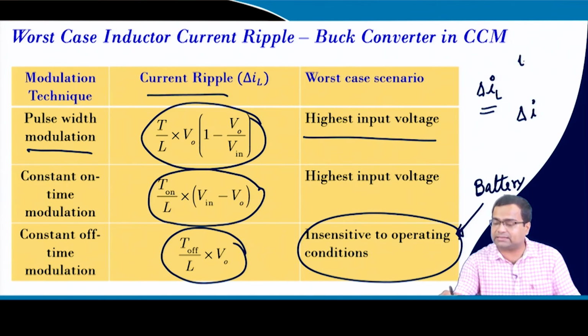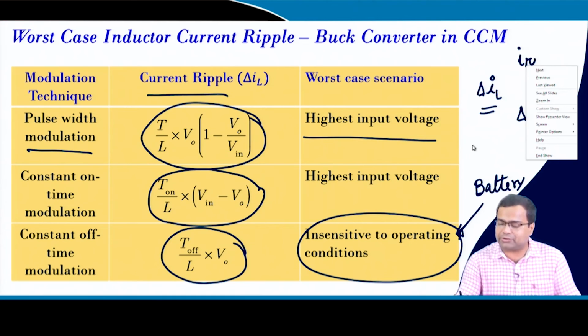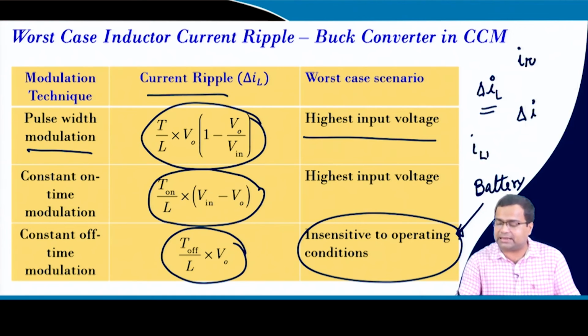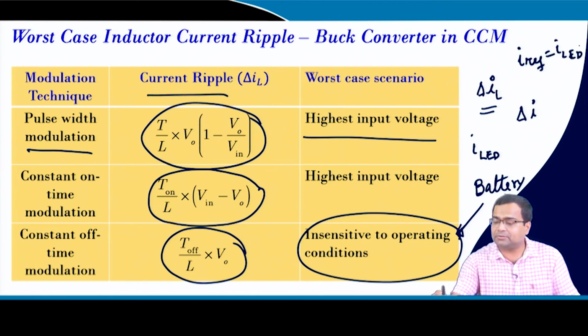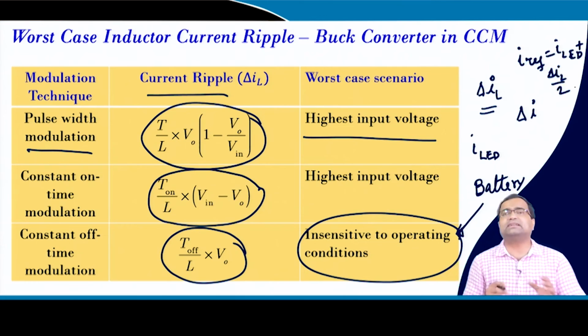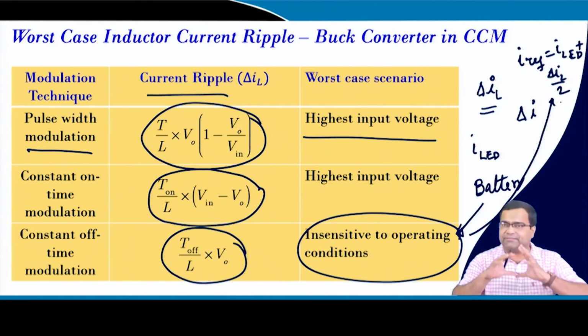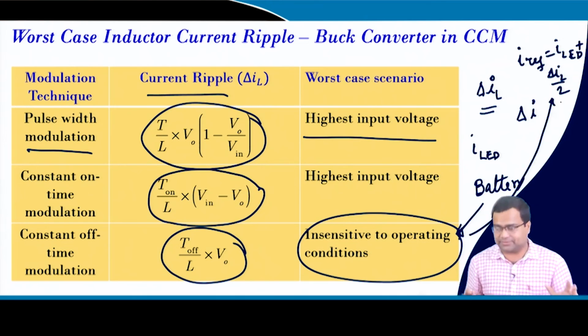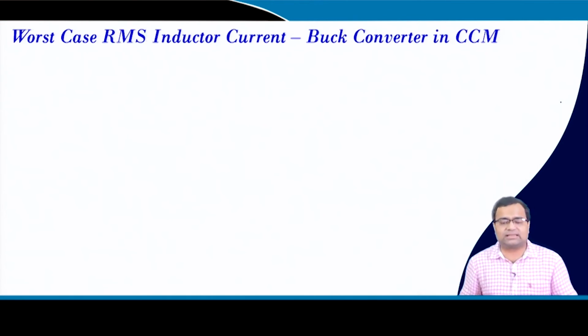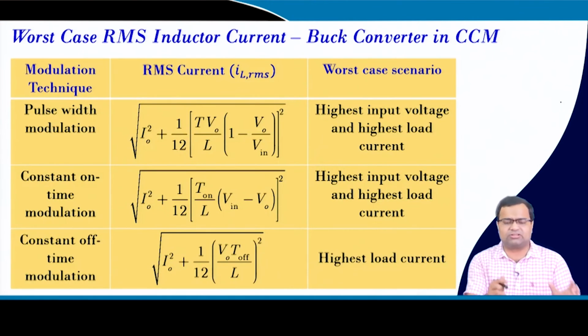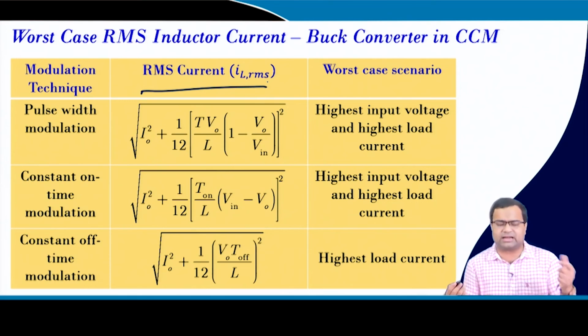So, if this is our reference, and I need to track some LED current, then my reference current will be simply I LED plus delta IL by 2. Since delta IL by 2 is known for this particular case, you can implement very fast average current control here.